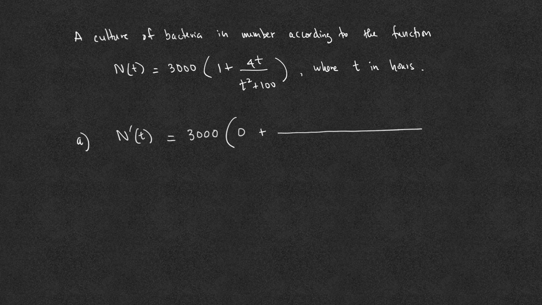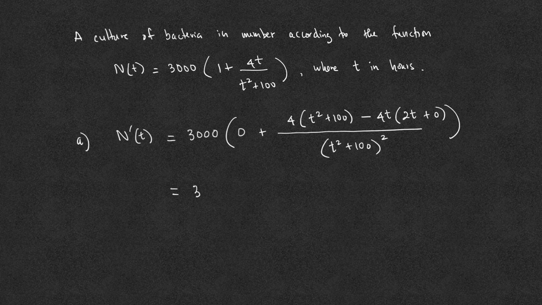First, we square the denominator, t squared plus 100, the quantity squared. Then we take the derivative of the numerator, which is 4, times the denominator, minus, we keep the numerator 4t times the derivative of the denominator, which is 2t plus 0.